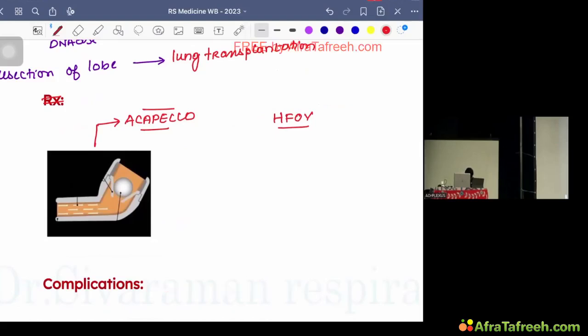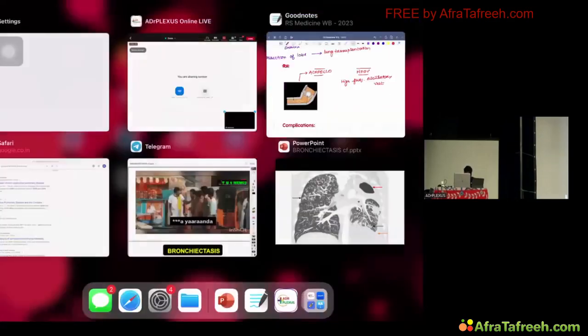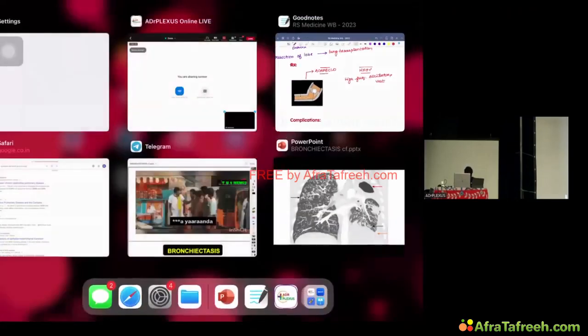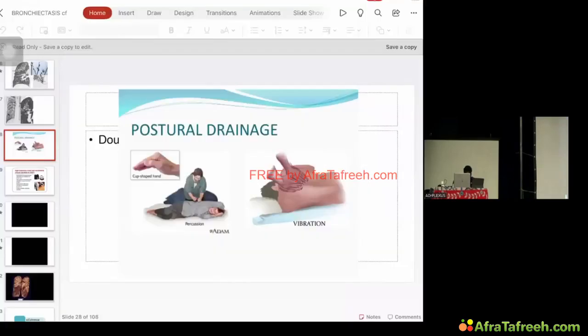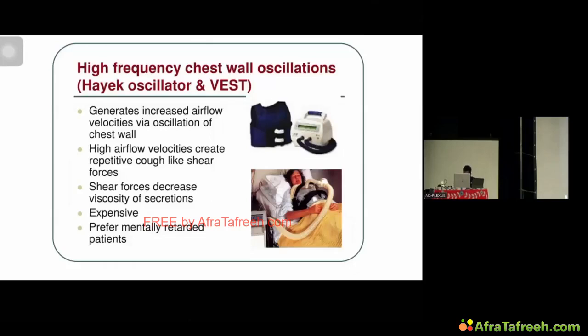So these two options are available to drain the secretions. You can go for postural drainage like this: you make the patient lie down, cup your hand and tap over the back to drain the secretions. Then you can go for this kind of vest, the high frequency oscillatory vest, which is worn by the patient.